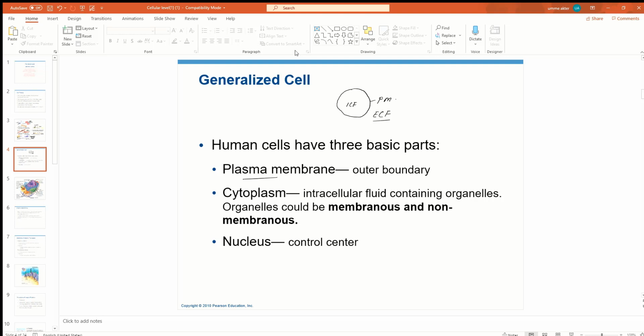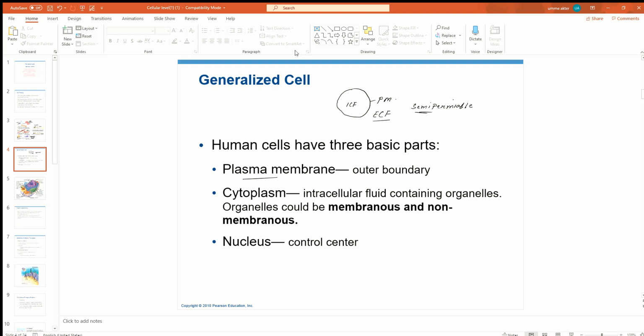Now, cell membrane is a semi-permeable membrane. That means it is not fully permeable, partially permeable. Some small molecules can pass through it, but not everything.